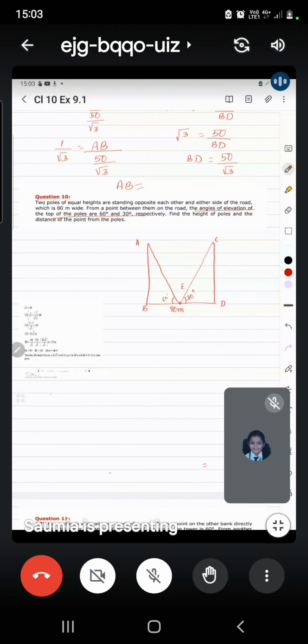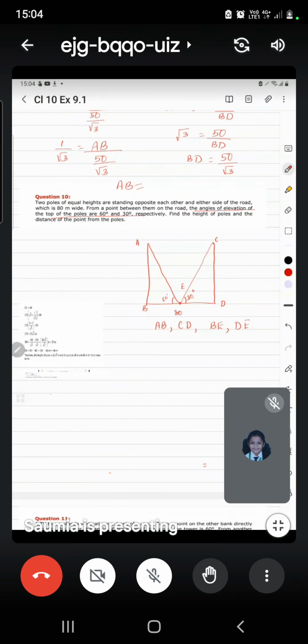It can be the other way around also. We have to find the height of the poles and the distance of the point from the poles. So in short, I am supposed to find AB, CD, BE and DE. How?